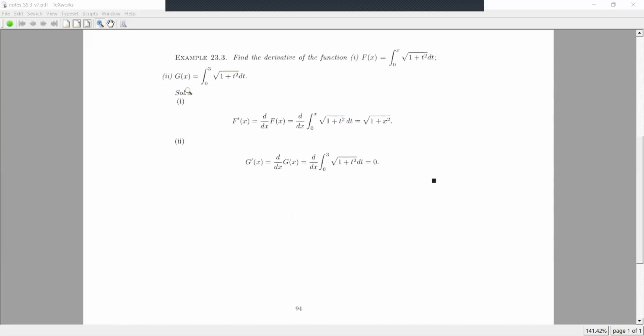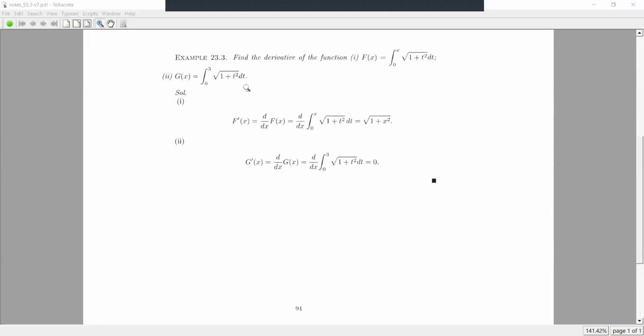Now, we compute the derivative of g. Derivative of g is the derivative of this integral. This integral is the net area of the region between 0 and 3. Actually, this is a constant.